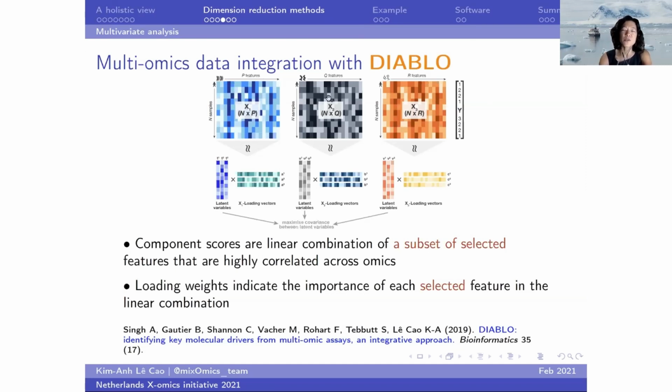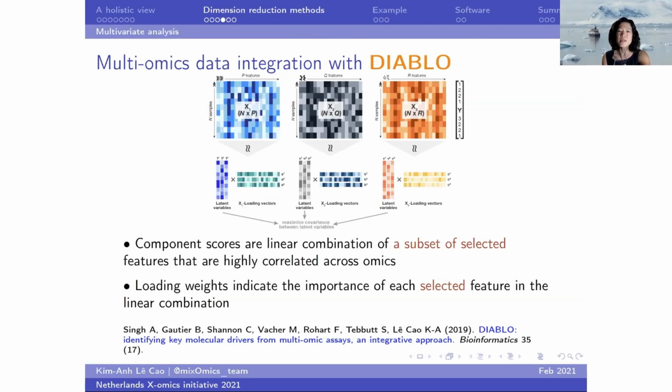And the idea is the same. You want to decompose each data matrix into a set of components and associated loading vectors. But there's an additional constraint here that you want to maximize the covariance between the components that are associated to each data set. So what that means is that you're really trying to extract common information between those data sets, only the common information.